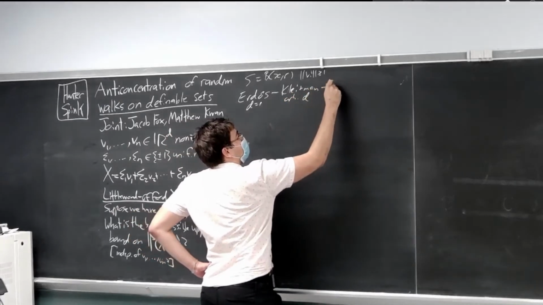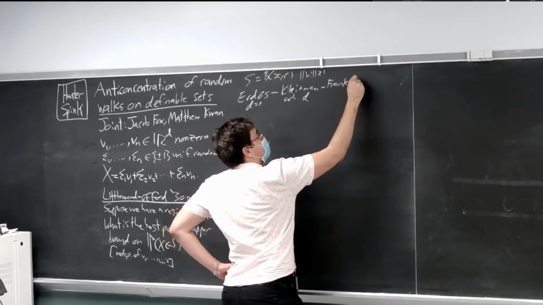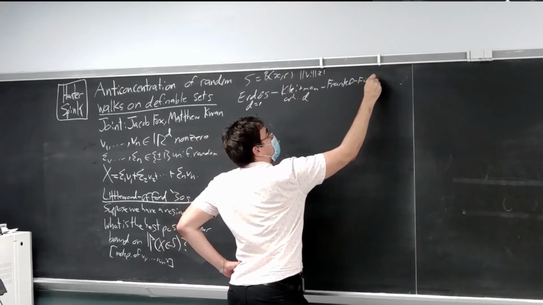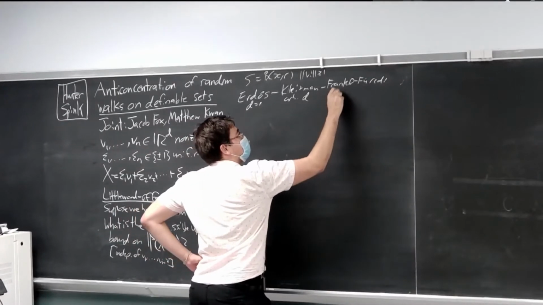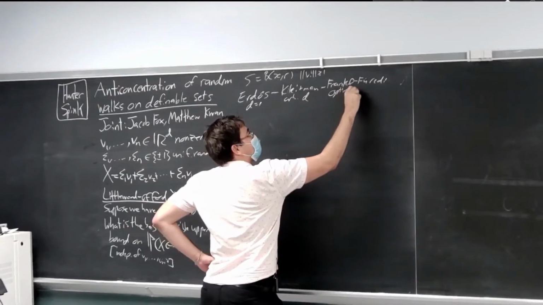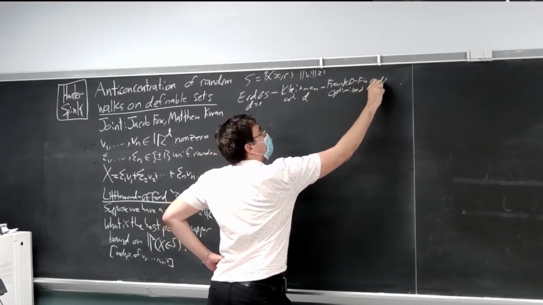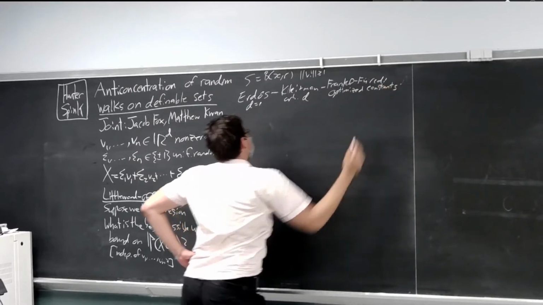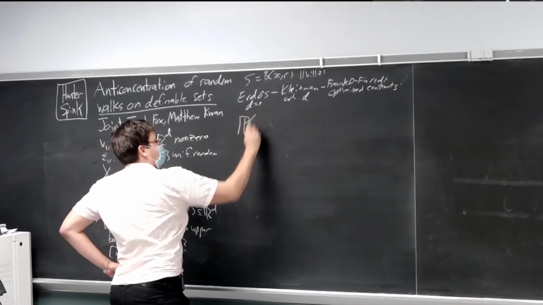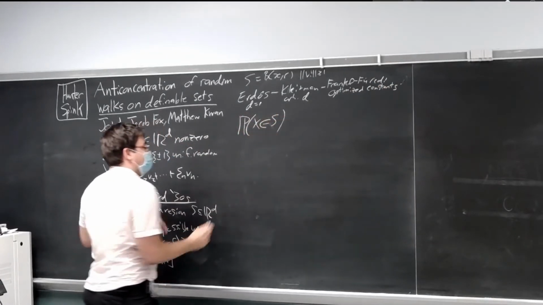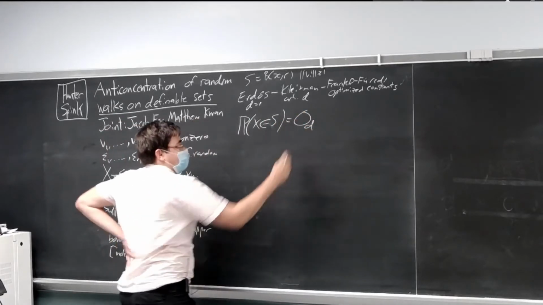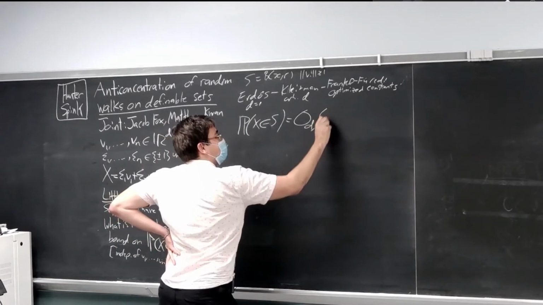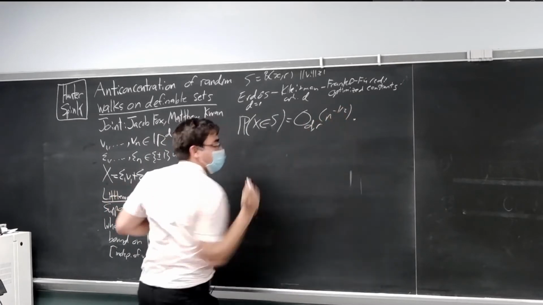And then Frankl and Füredi optimized some constants. The inequality they optimized is that the probability of concentrating inside this ball is big O, depending on the dimension of the space you're in and the radius of the ball, of n to the -1/2.